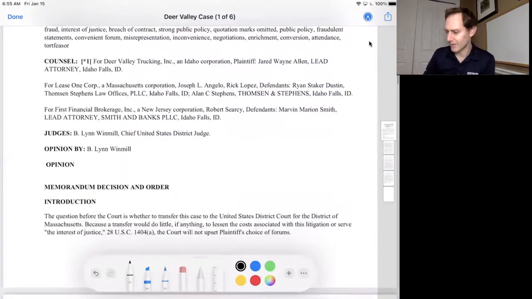I always like to look for who the attorneys are, so I know a lot of these people. And I used to work at the same firm as Jared Allen. He works for Beard St. Clair, and so I know Jared. Interesting fact is that I actually know all of the attorneys here. So Ryan Destin, he was working at Thompson Stevens at the time.